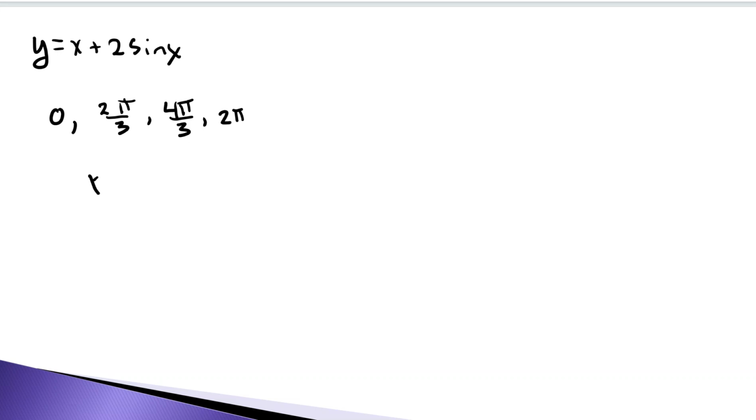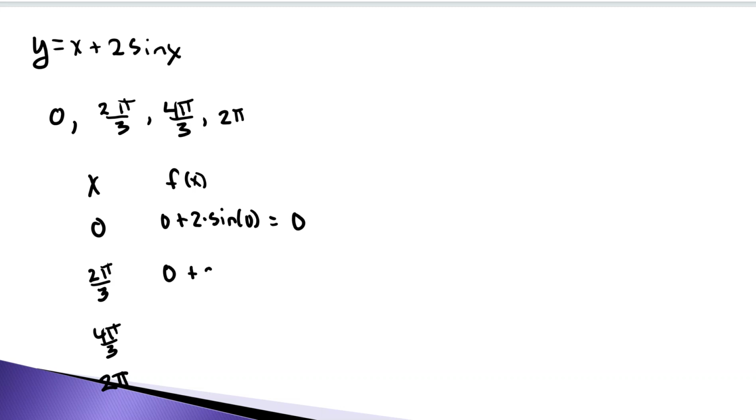So I'm going to plug these in, x and f of x. I'll plug in my 0, my 2 pi over 3, my 4 pi over 3, and my 2 pi. So this will be 0 plus 2 times sine of 0, which is 0. This one is 2 pi over 3 plus 2 times sine of 2 pi over 3, which is 2 times root 3 over 2.